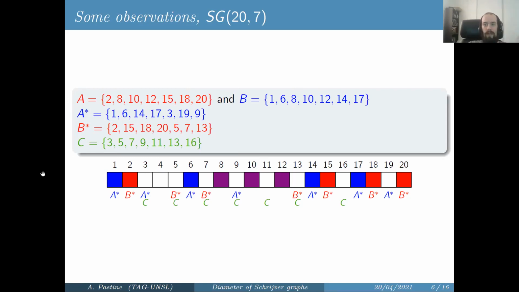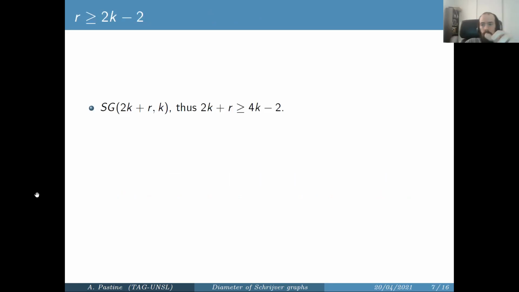What I want you to take from this is the importance of the blocks of consecutive blue and red squares, the blocks of purple squares, and there is also some importance in the block of consecutive white squares. Having shown you that, which is more for intuition so that it's easier to follow, we are ready to prove the first equality: that when R is big enough, the diameter is 2.